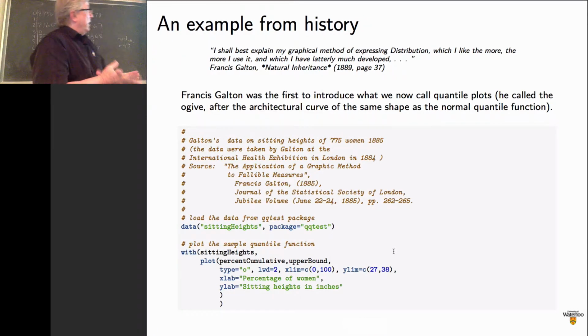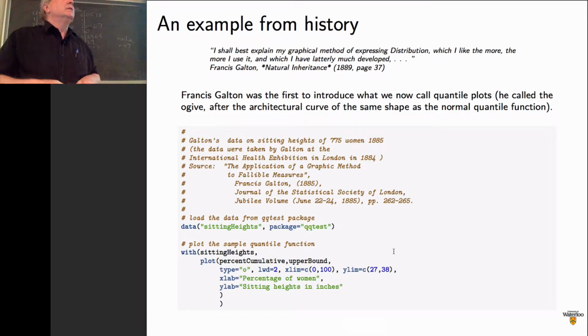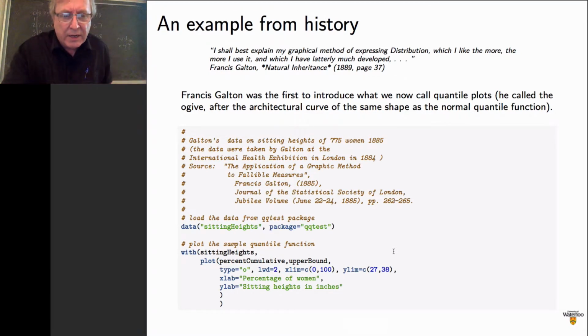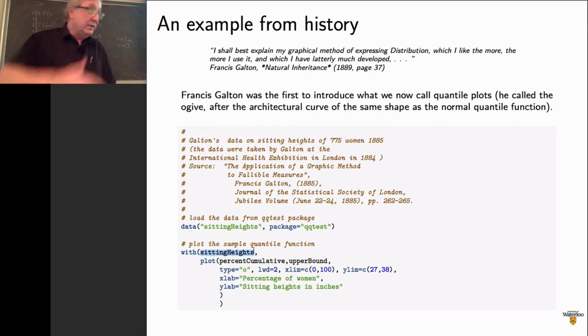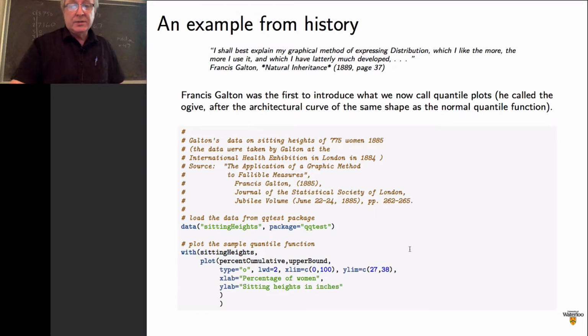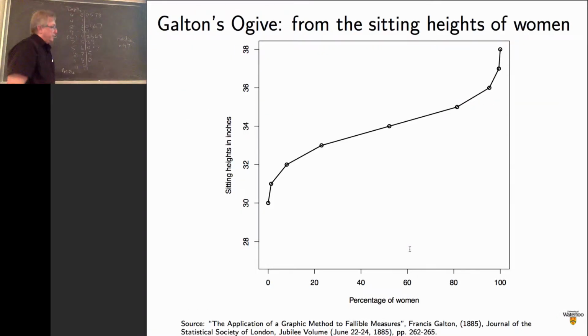This was first invented by Francis Galton in the 19th century. He was looking at a World's Fair in London, at various measurements on human beings: their grip strength, height, sitting height, etc. Women came to have their sitting height measured in London, and he produces this plot.